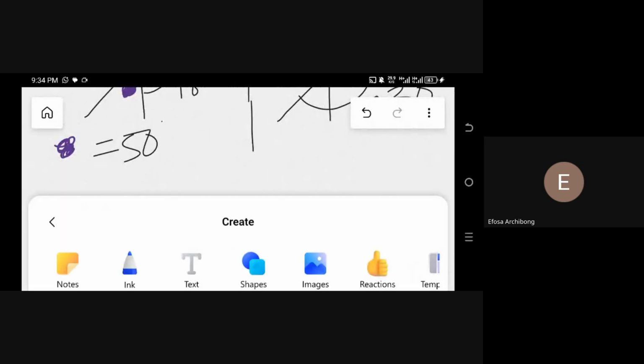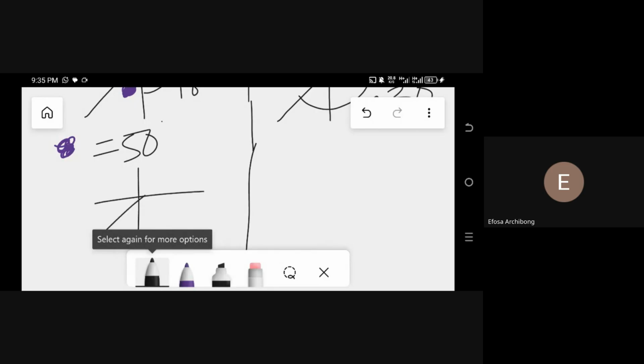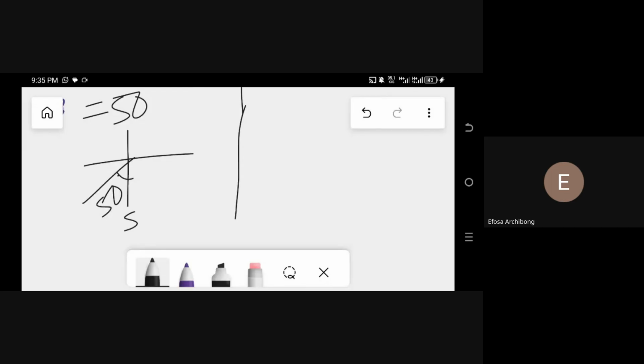If an extra 50 degrees was added to that, that means we have this small place here to be 50 degrees. And remember, this is south, this is east.